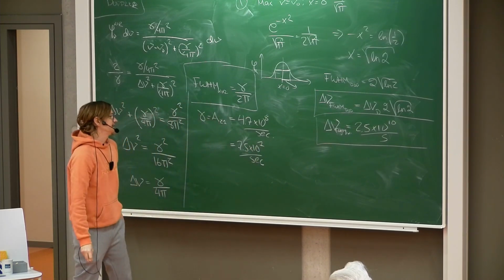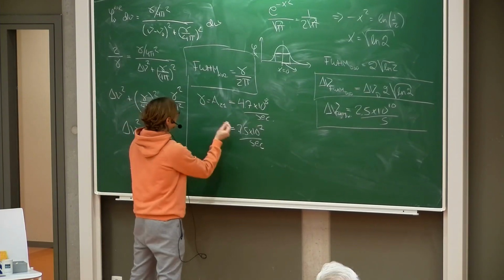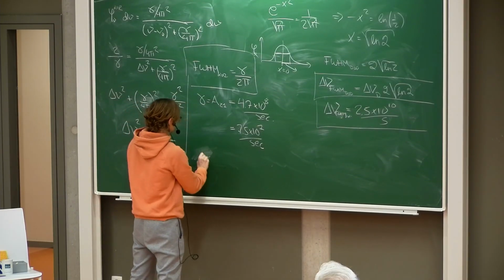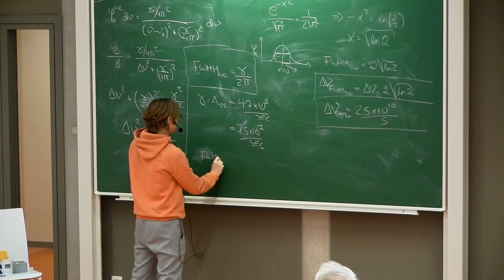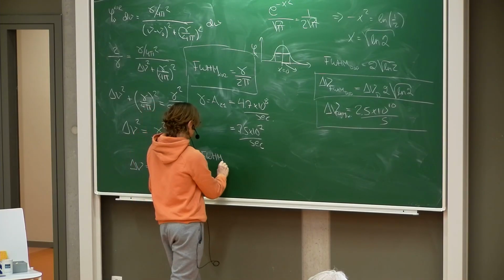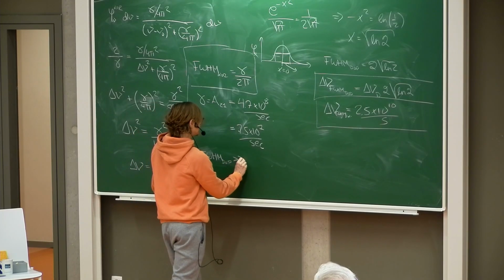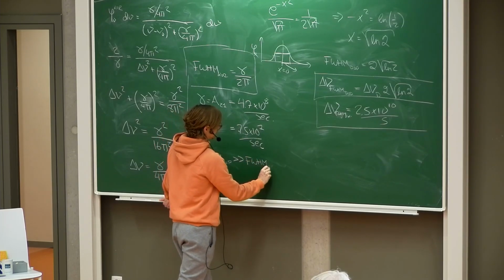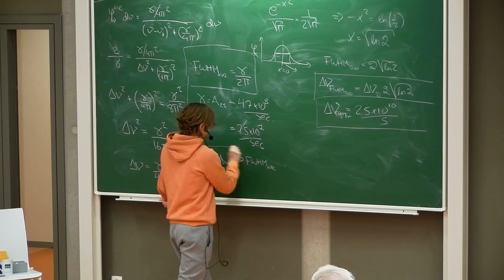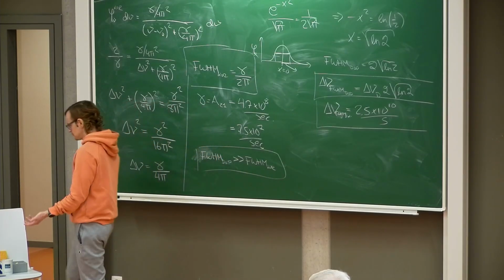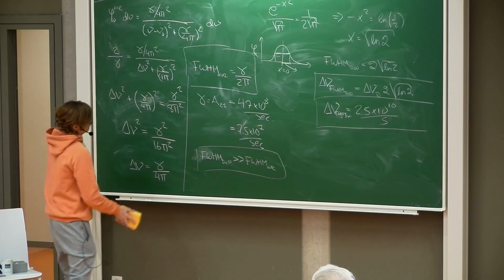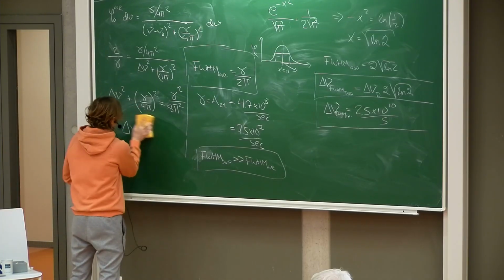So what do we see here? Well, we see that indeed delta nu, we just call it full width half maximum, for the Doppler line is much, much greater than the full width at half maximum for the Lorentz. The Doppler core is much more prominent than the Lorentzian wings when we have only natural line broadening.